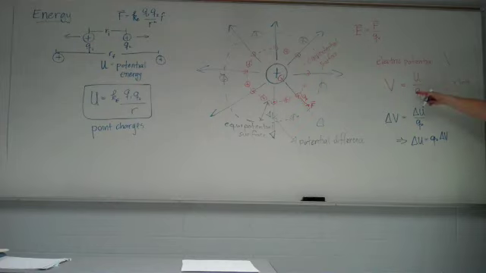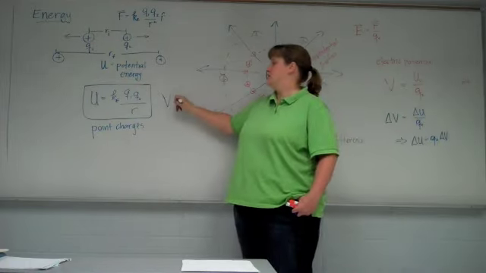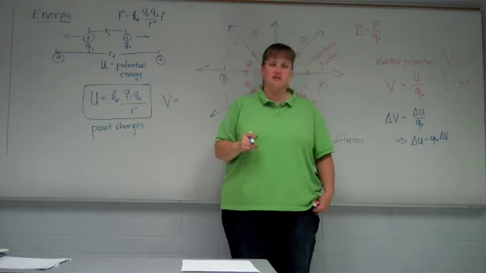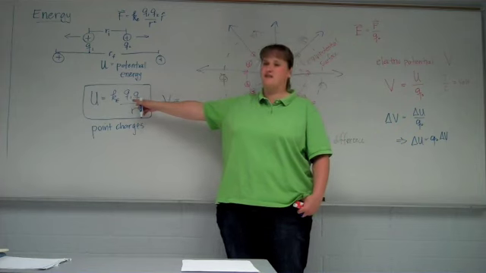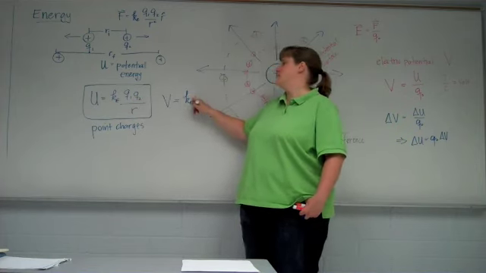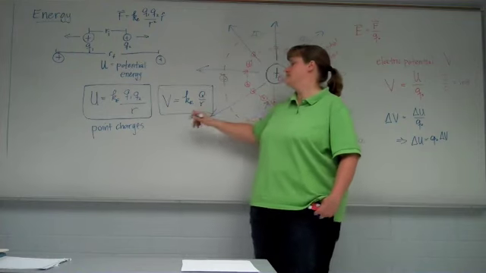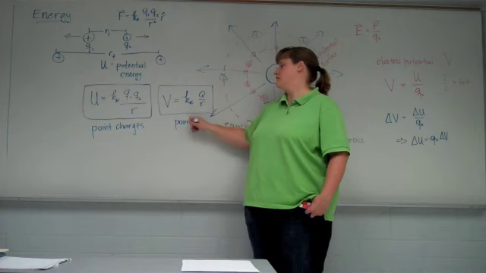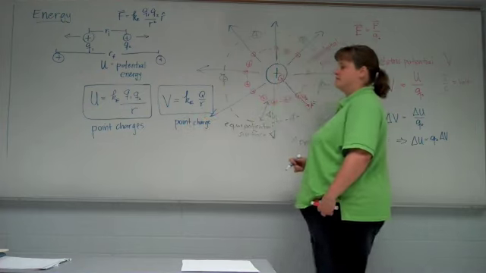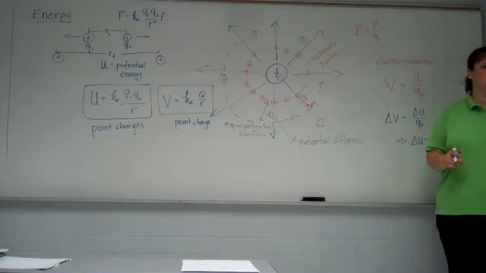Now, by the way, using this relationship, the electric potential created by a point charge, well, if we take the energy for point charges and divide by a Q naught, it's really easy to find the electric potential around a point charge.